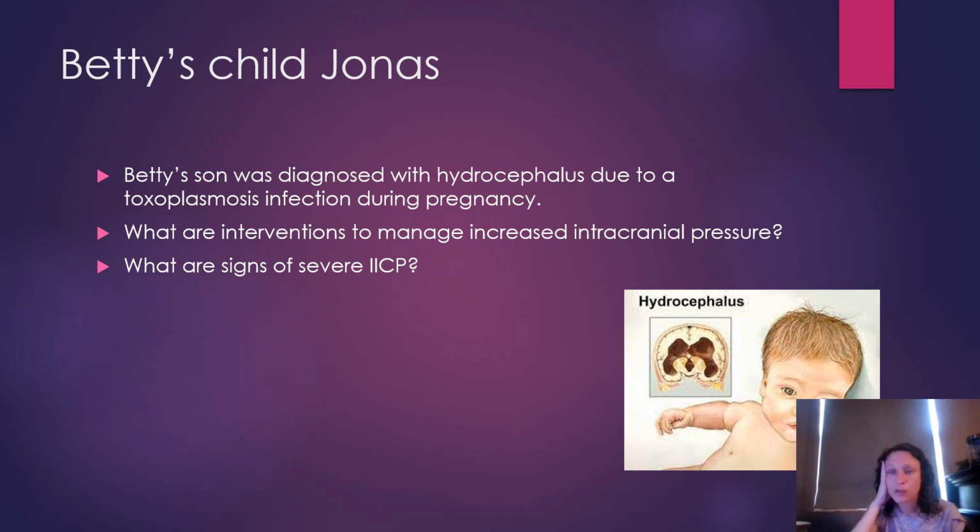We want soft food and stool softeners if they are eating. We don't want them to strain at all. We want a low stim environment. So those are all really, really key things with managing their increased intracranial pressure. Okay. Any stress can increase it as well. So definitely maintain that low stim environment.